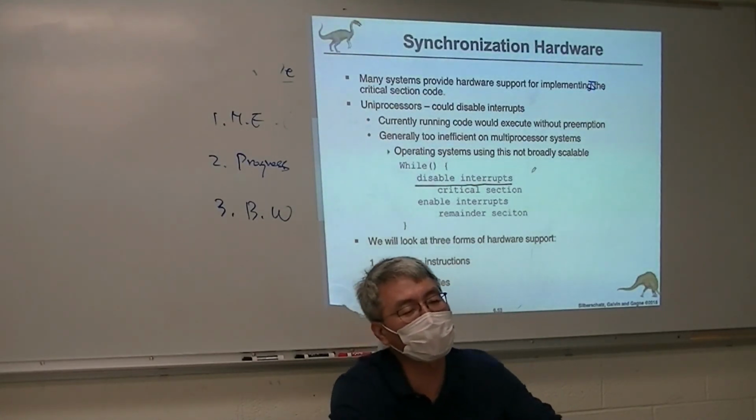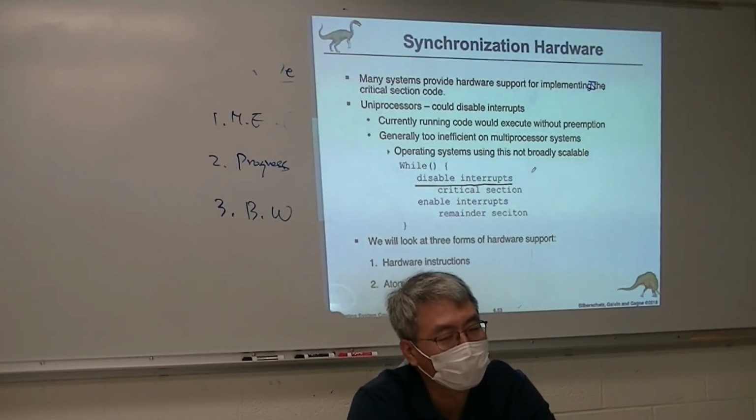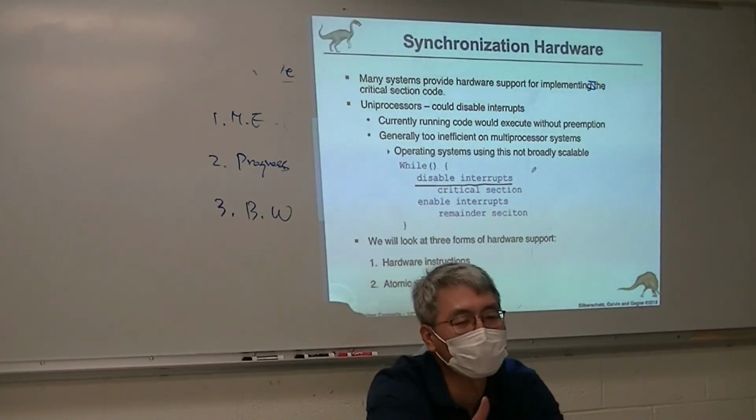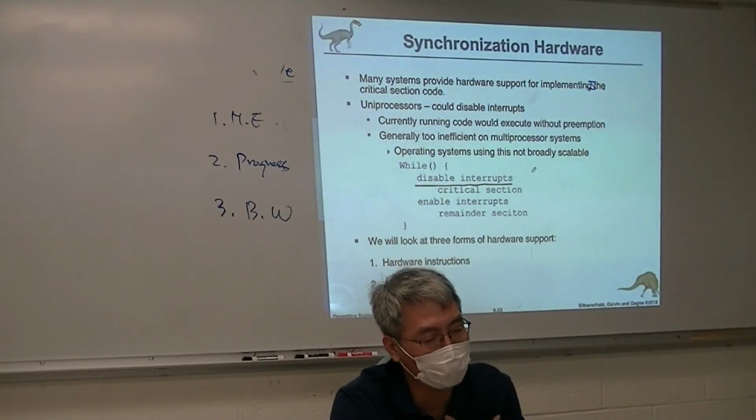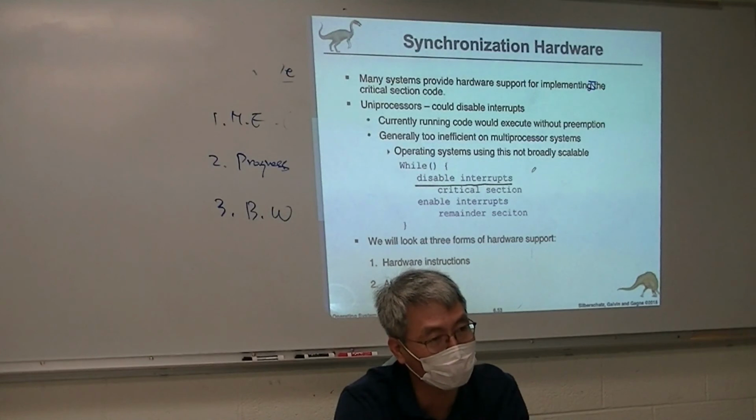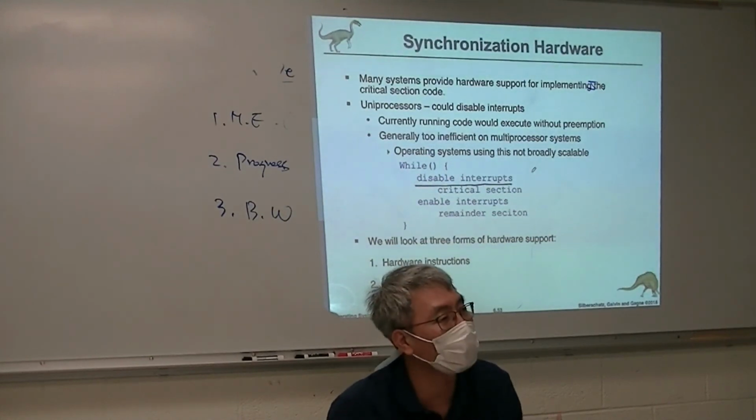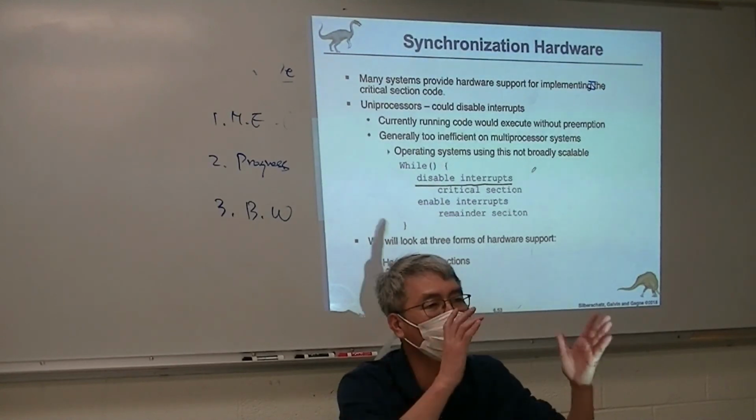Disable interrupt means what? Nobody can proceed, because, as we discussed at first, our operating system nowadays is an interrupt-based system. It's a signal to each other.